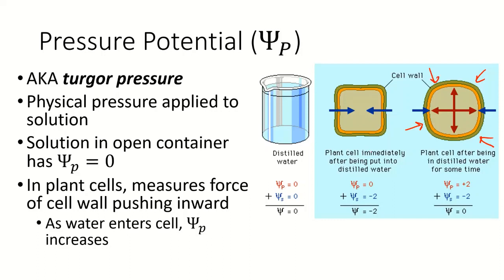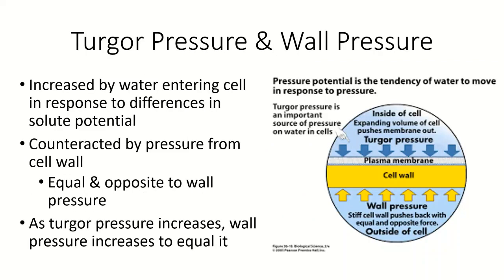So here you'll see a plant cell. When it's put into distilled water, notice it's got no pressure potential because there's no pressure pushing out on the cell wall and there's no pressure pushing back in from the cell wall. However, when you put it in distilled water after a while, enough water rushes in that the pressure potential is going to increase. Okay?